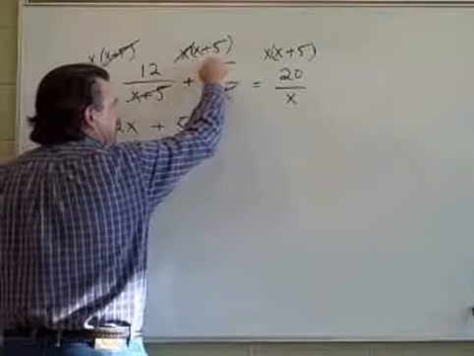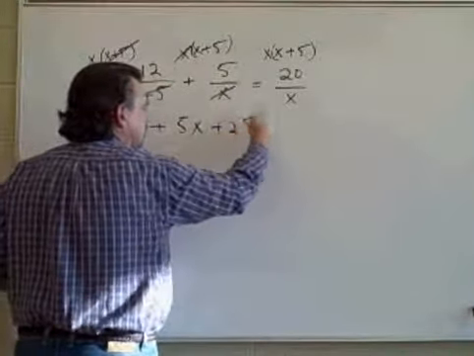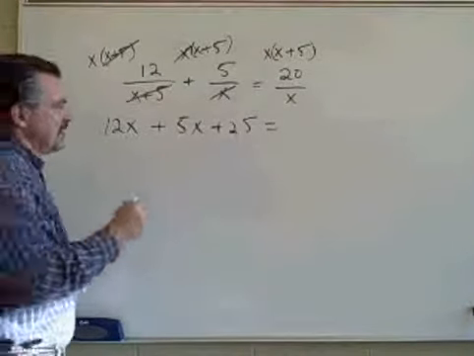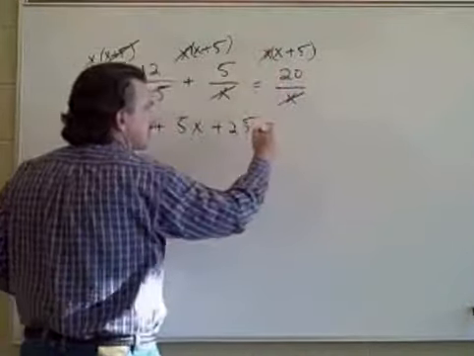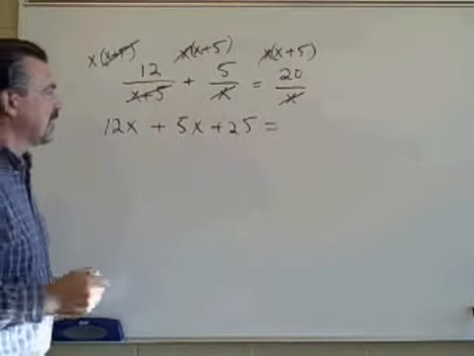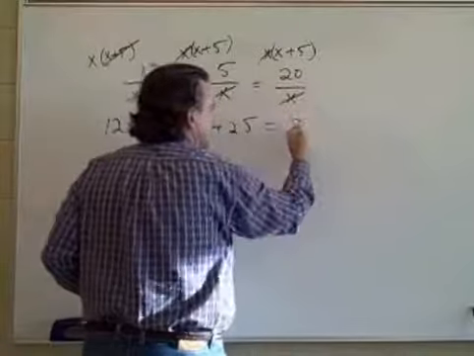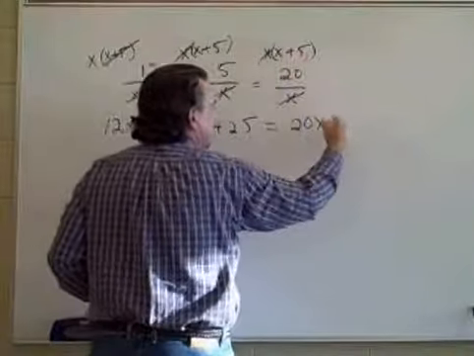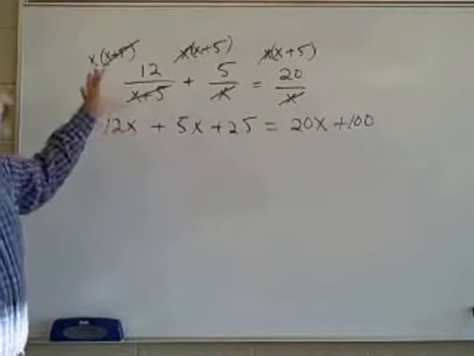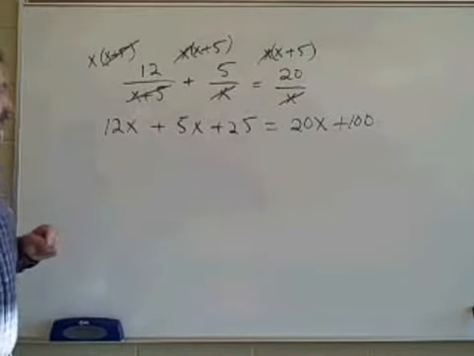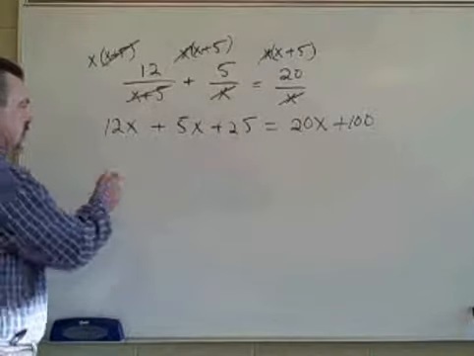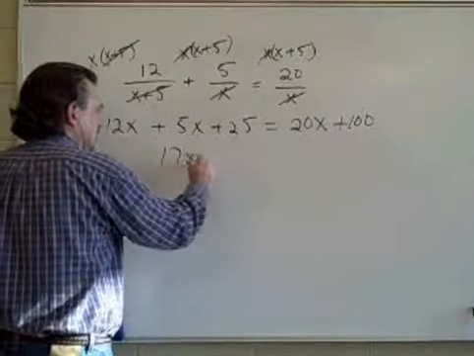It's plus 5 times plus 5, which is plus 25. Here, the x's also cancel, leaving us 20 to be multiplied times both terms of that binomial. 20 times x is 20x. 20 times plus 5 is plus 100. And we've removed the fractions that were in that rational equation. There's some like terms I could combine here. 12x plus 5x is 17x.